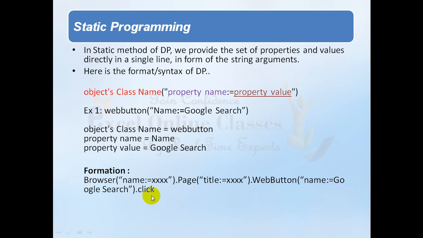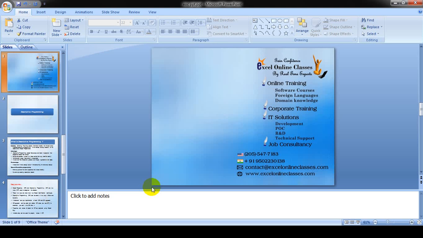What is the method you have to perform? It may be click, activate, set, or select. So this is the static descriptive programming. Now we will see how it will work.